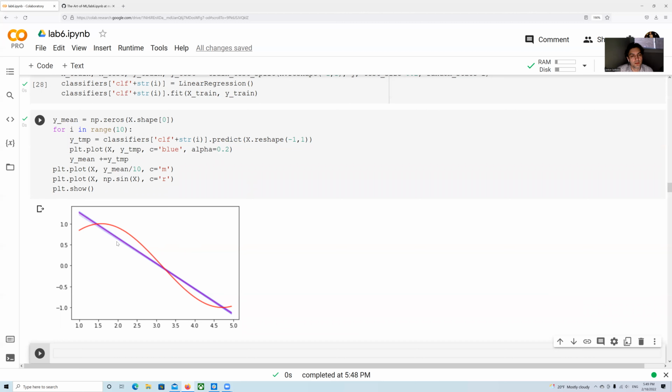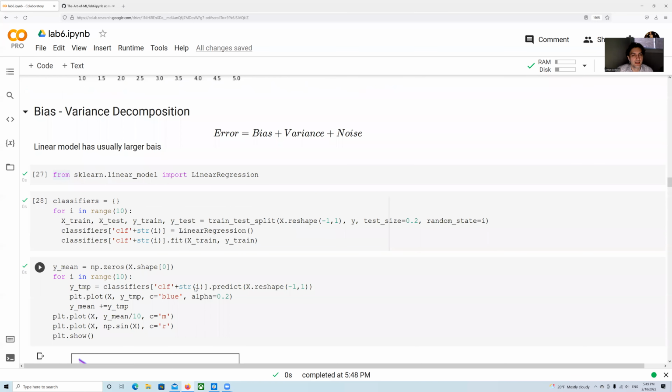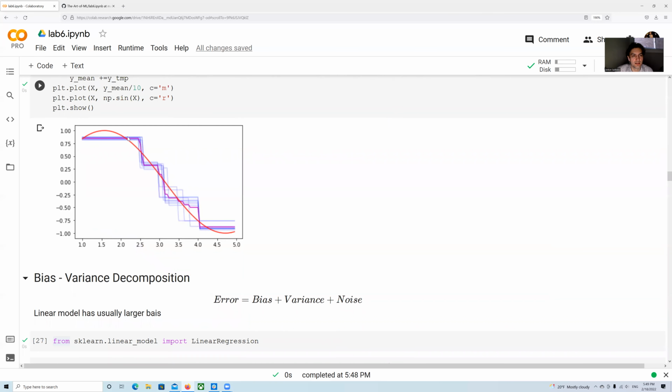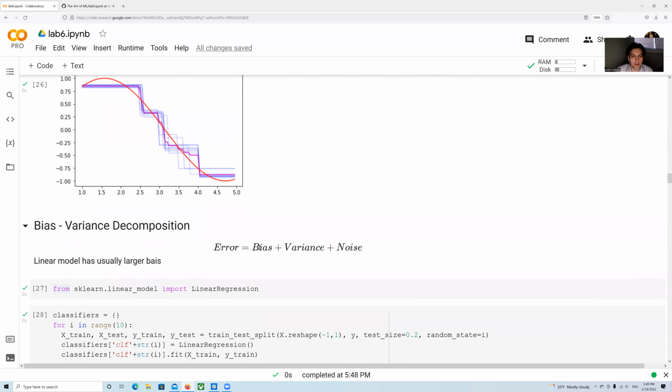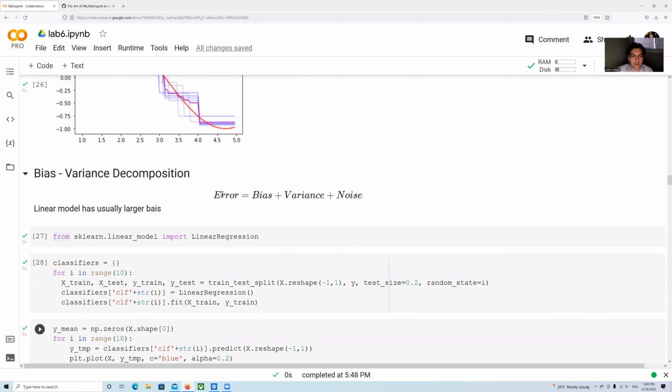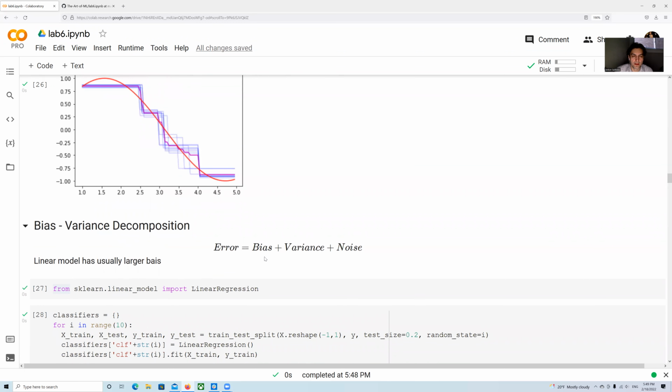So simple models usually have high bias, but at the same time they have small variance. And decision trees instead have high variance, but smaller bias. And so our error can be split into these three terms: the bias, the variance, and noise.